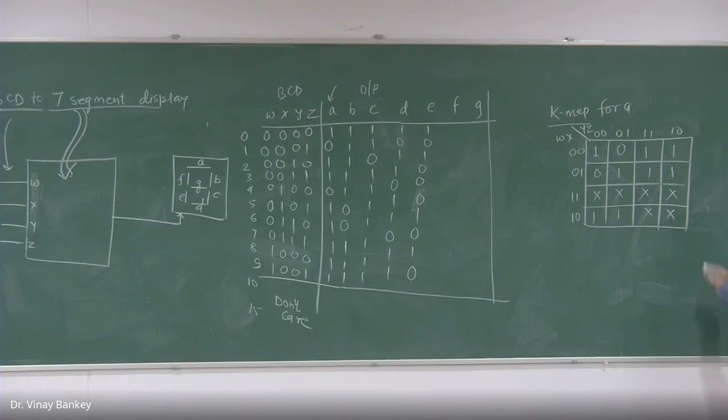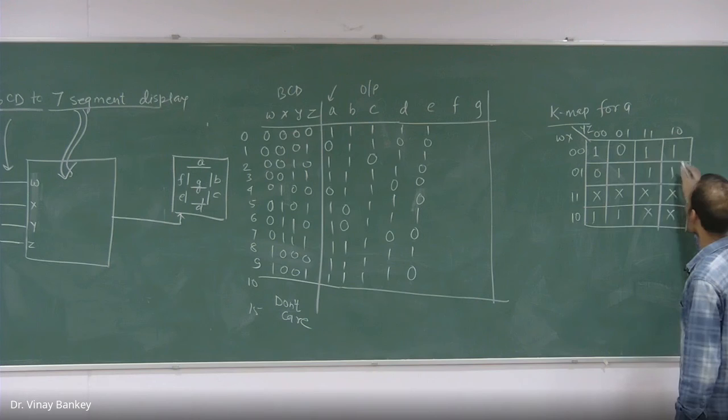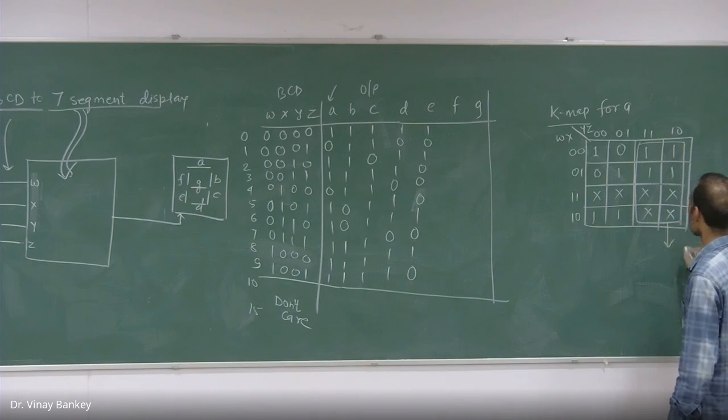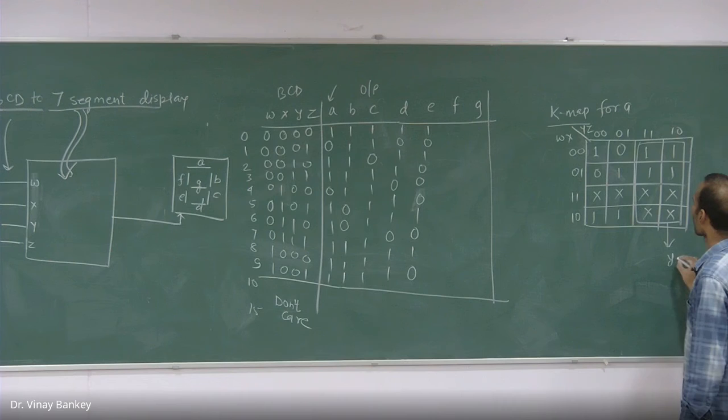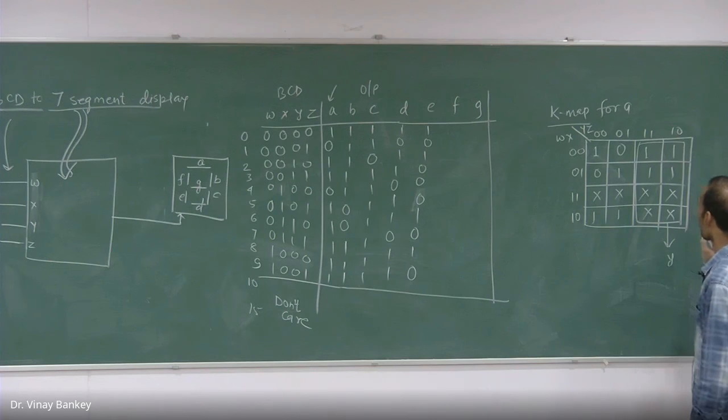Now you need the largest possible group for all these ones. So here I can make one group like this, and this will be the prime implicant Y. Yes, only Y, because 3 variables will go off.